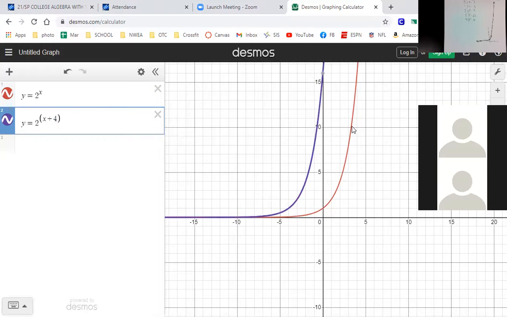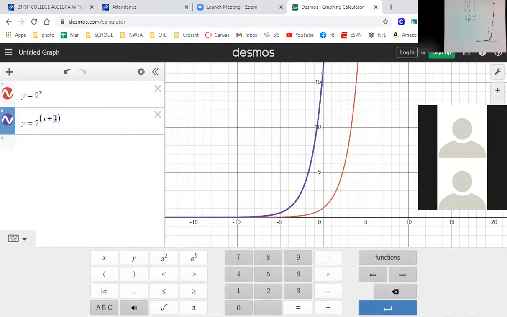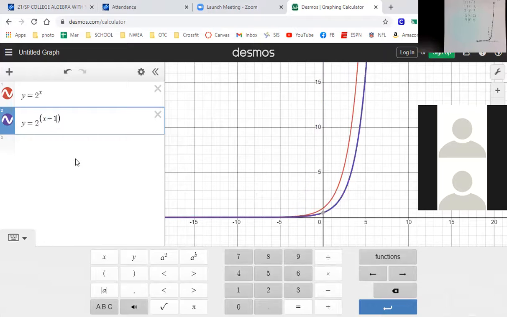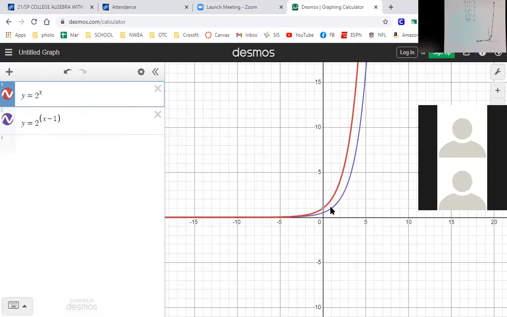Even from this point here, we would shift left 1, 2, 3, 4 units. So a plus number will shift you to the left. A minus number up in the exponent will shift you to the right that many. So this point shifts to the right 1 unit. In fact, the whole graph, everything shifts 1 to the right.